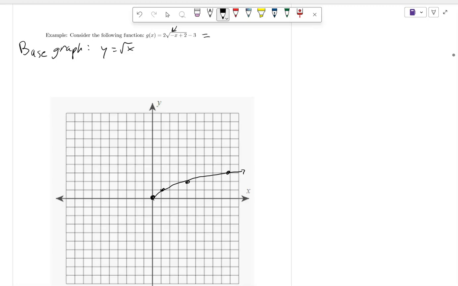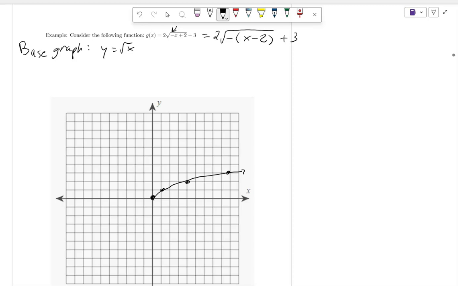That would be my first step. So I write this as negative x minus 2 and then plus a 3. The reason that I do this is because this allows me to do my transformations from left to right as I see them.